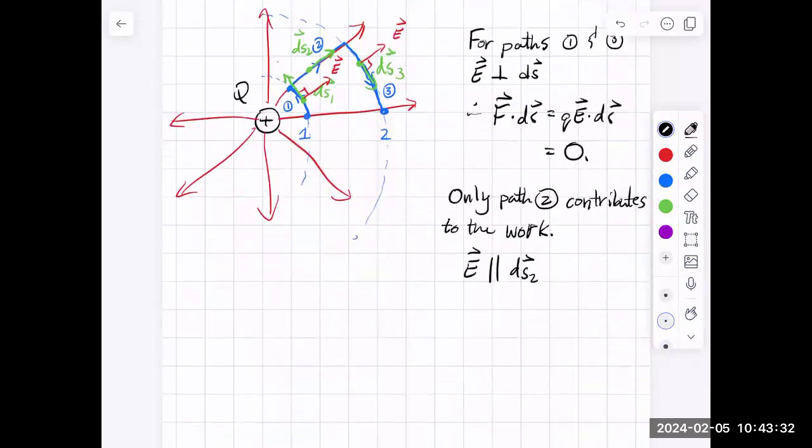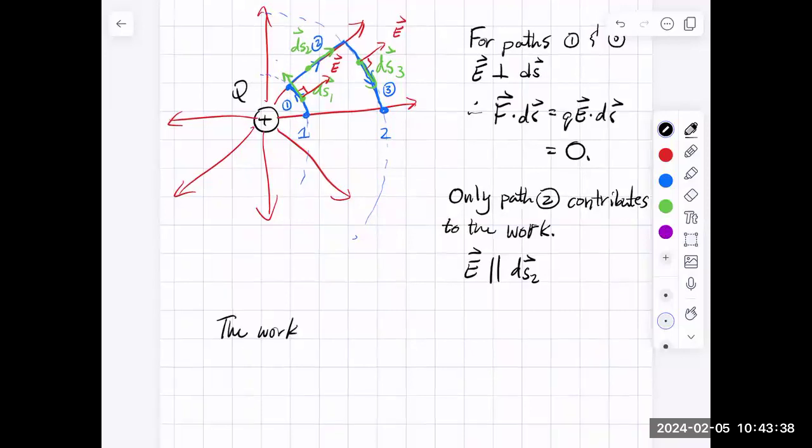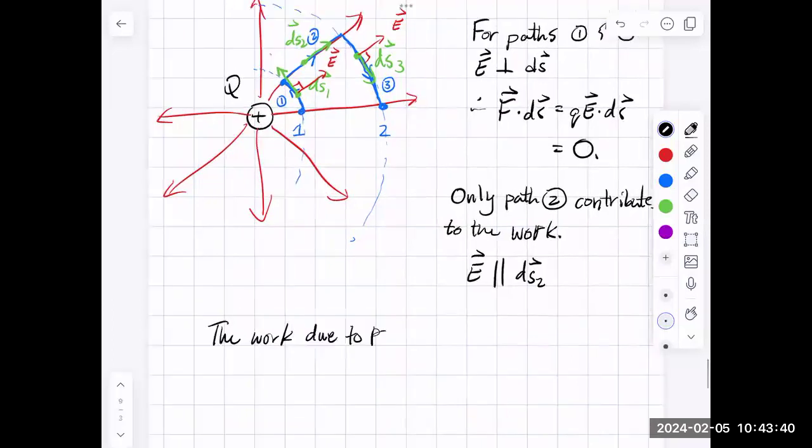Okay, so the work due to path 2 is identical to the previous example.